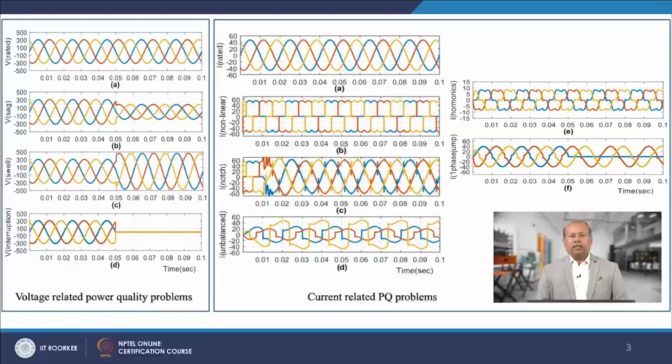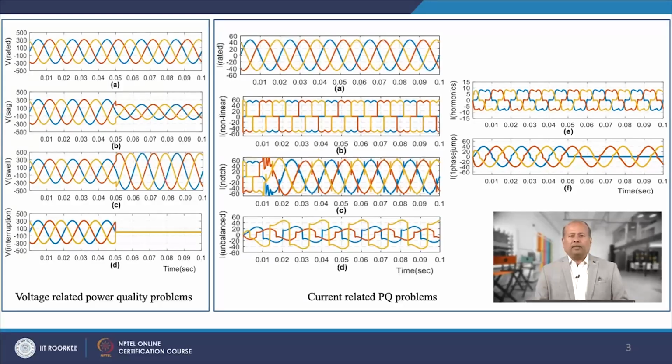Here in this slide, to give you an idea, we can see the power quality problems in graphical representation through simulated waveforms. On the left side, figure A shows the ideal sinusoidal voltage waveform. From figure B to D, the voltage related power quality problems such as sag, swell and interruption can be observed at 0.05 seconds.